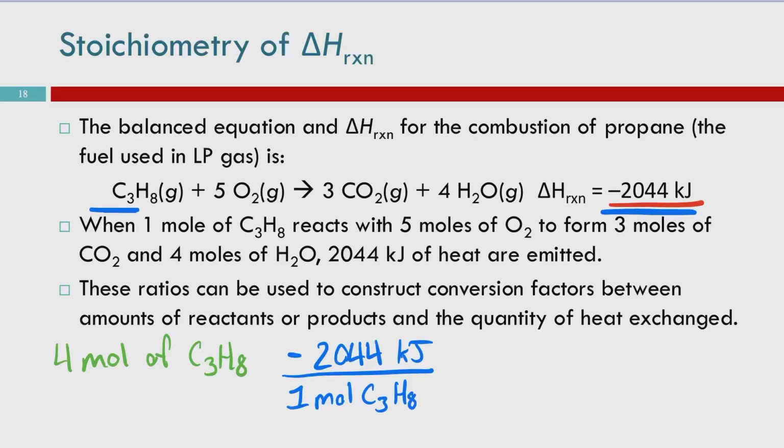So if we burn 4 moles of propane, we would expect to produce 8,352 kilojoules of heat.